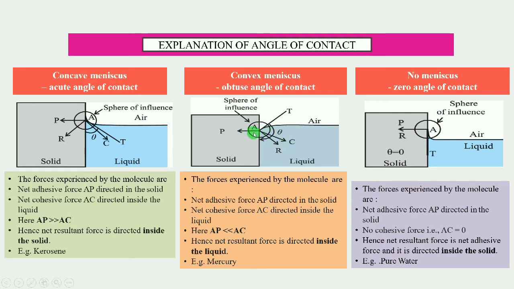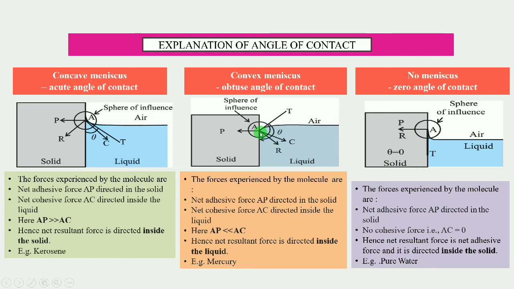So the AP vector we will draw smaller, the AC vector we will draw larger, and the AC vector will be more slanted in the liquid. Okay, so when we complete the parallelogram and draw the diagonal, the resultant is lying in the liquid. Okay, so AR is in the liquid for the type of liquid which does not come in contact with the solid.